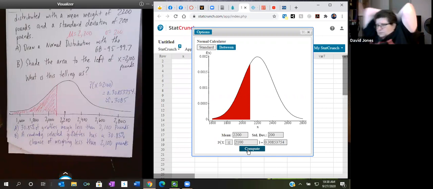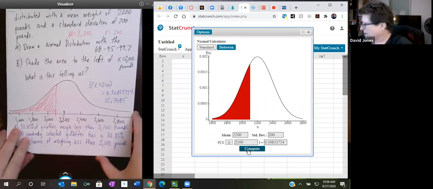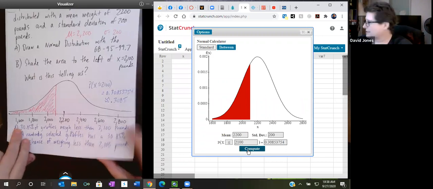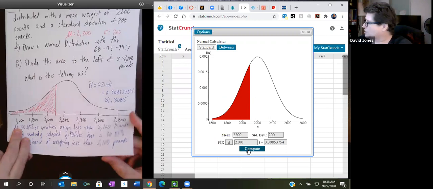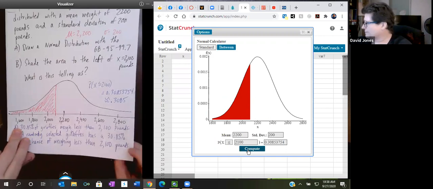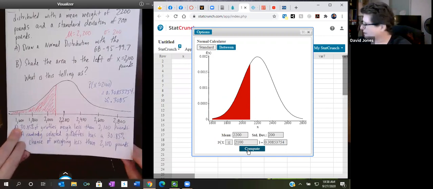Now, this is just giraffes. I'm pretty sure we talked about the Z-score before. This might have just been with a student that asked me.